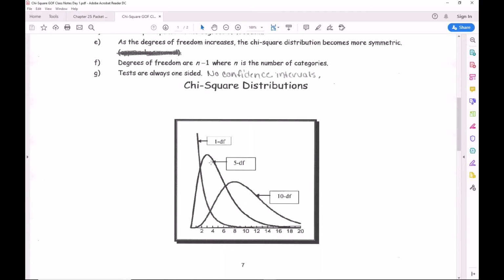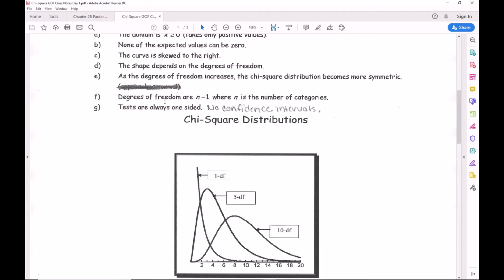Here are some of them, and they're based on degrees of freedom. Degrees of freedom are n minus 1, where n is the number of categories. So if we have 6 different colors in a bag of M&Ms, those are 6 categories, with the overall categorical variable being color. So n minus 1 is 5, right?